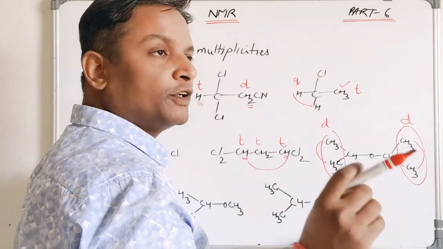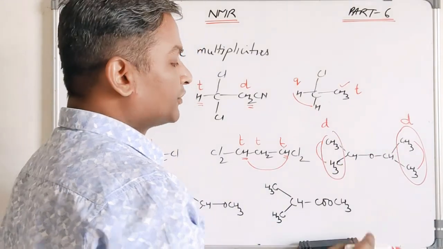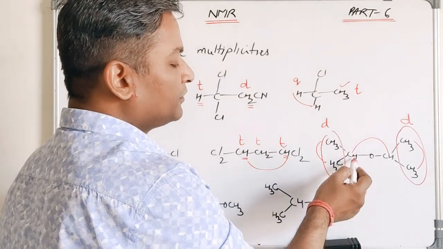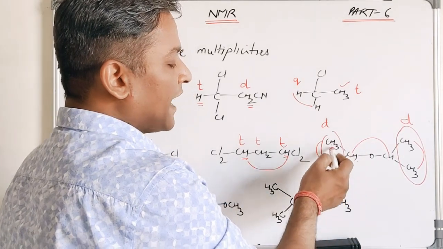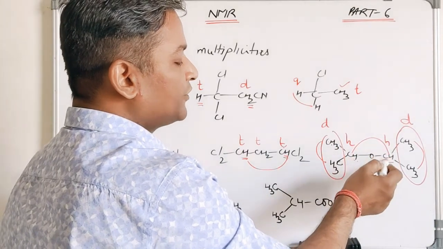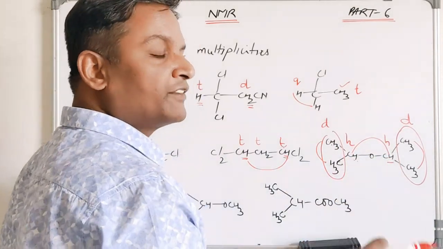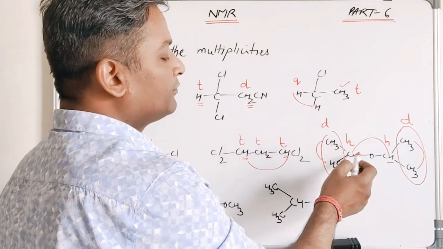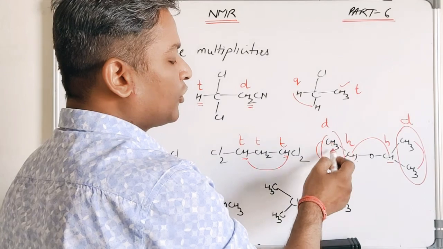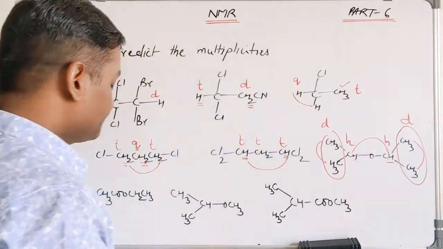So we will observe a doublet for 12 protons. Similarly, these two are the same, so for this compound we will observe a heptet, and these two heptets will appear at the same position and same delta value. So we will observe a heptet for 2 protons and a doublet for 12 protons in this compound.